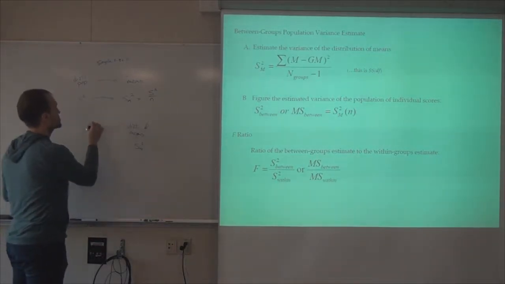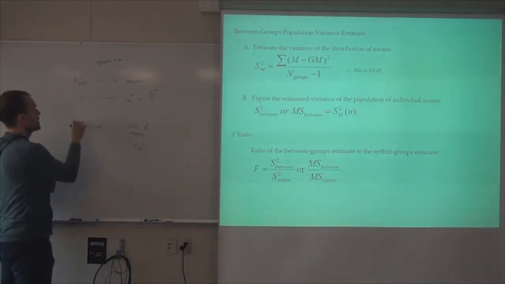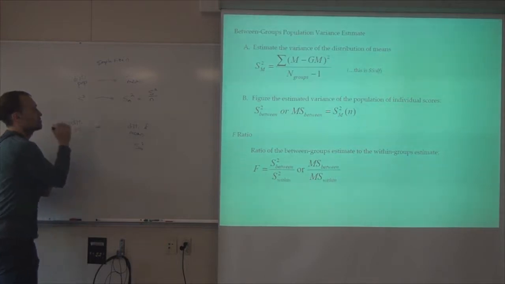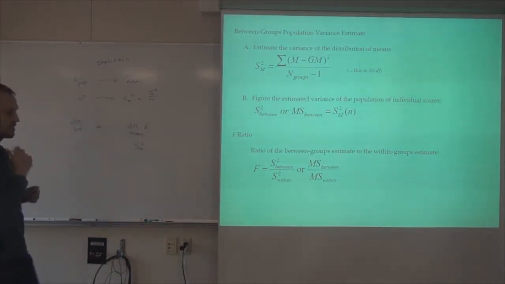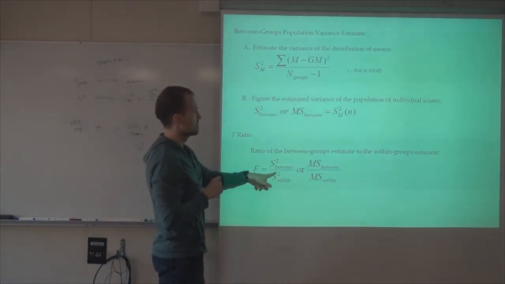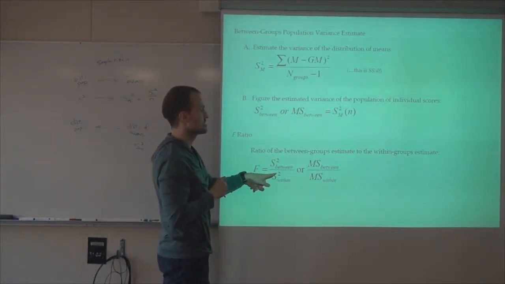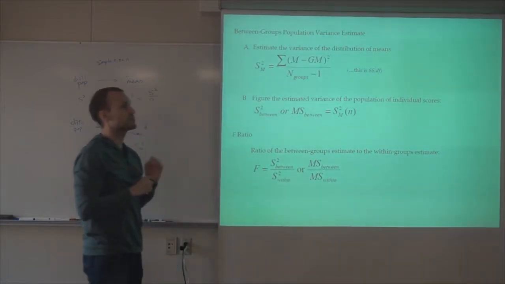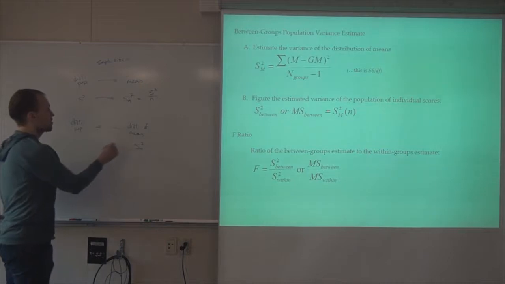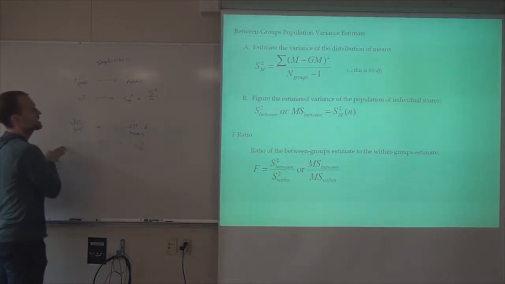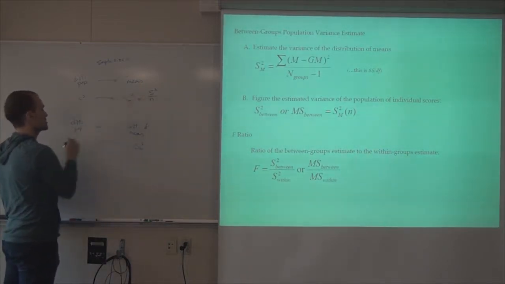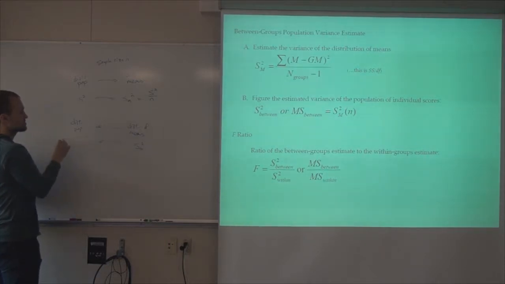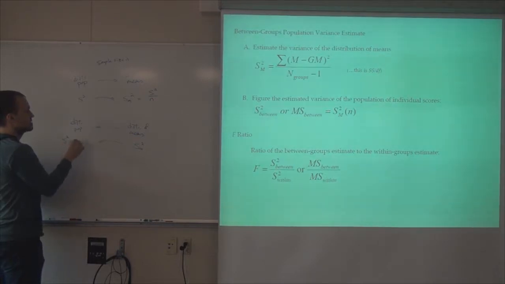So now I have to go the other direction to my population, because I'm trying to estimate the population variance, that the variance within is a population variance estimate. So I need both of them to refer to the population. So how do I go from this back here? Well, if I just shuffle these things around, the population variance estimate is going to be n times the variance of the mean.